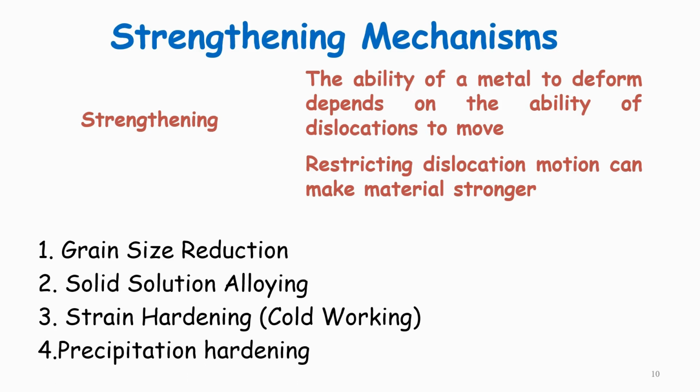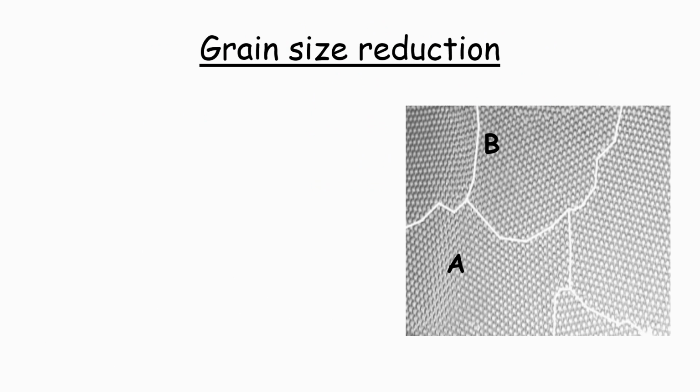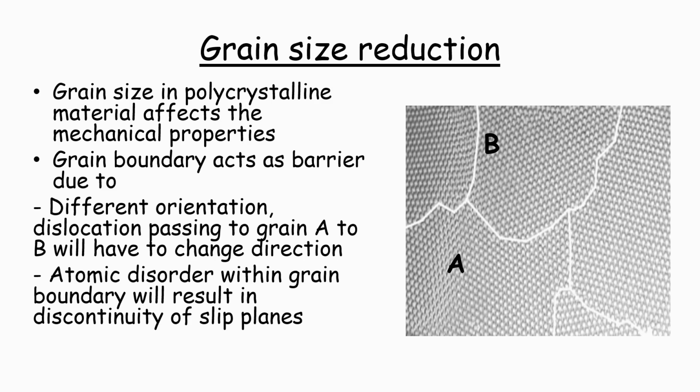So among the methods that we can do to strengthen the material is by reducing the grain size. So the grain size will impact the mechanical properties in the polycrystalline materials.